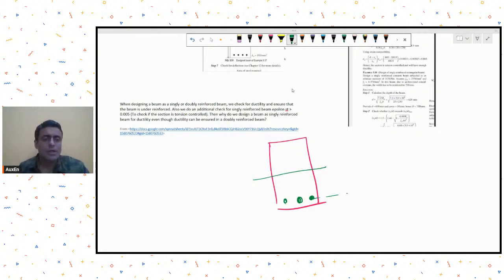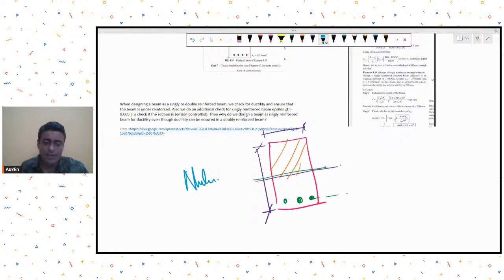And on my compression side, the concrete has also reached its limiting compressive stress level. Now if I wanted to increase the moment carrying capacity of this beam beyond this point without increasing the depth and width of this beam, what do I need to do? I need to add more steel.